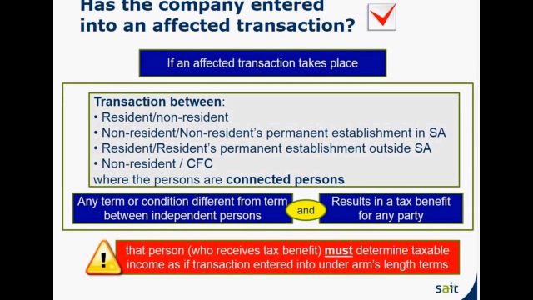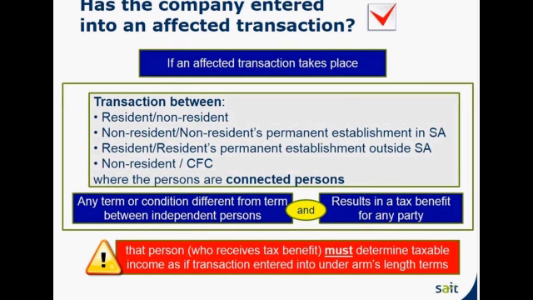So there's the gray block as well as the dark blue block on the left-hand bottom side of it, and I think the question there might be phrased a bit awkwardly on the ITR14 form. They're asking, have you entered into an affected transaction?